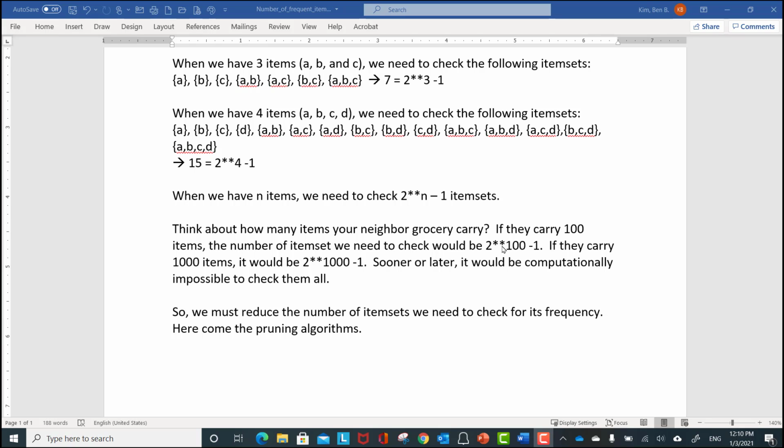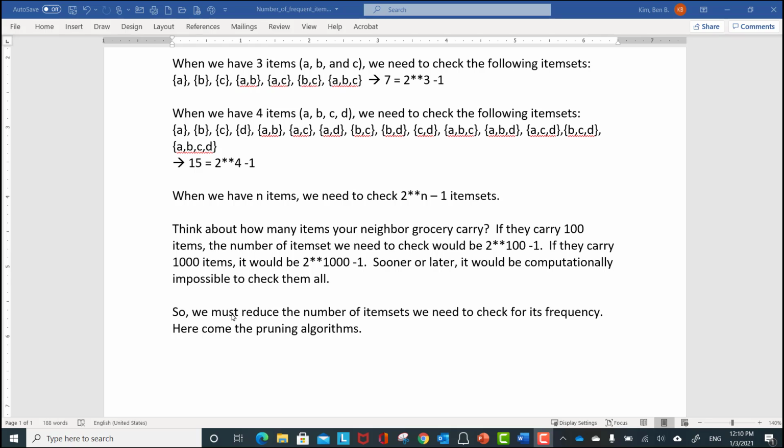Your calculator or computer may blow up. If they carry 1,000 items, it's going to be 2 to the 1,000th power minus 1. I don't know whether your computer can handle this. If you have a million items, then 2 to the millionth power minus 1 doesn't work, right? So sooner or later, it would be computationally impossible to check all those item sets.